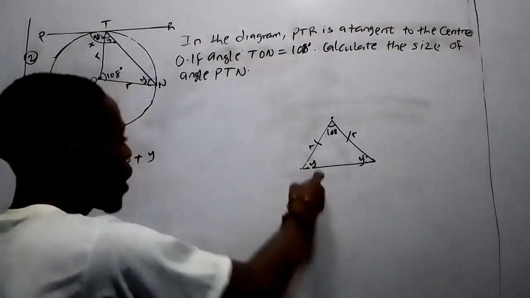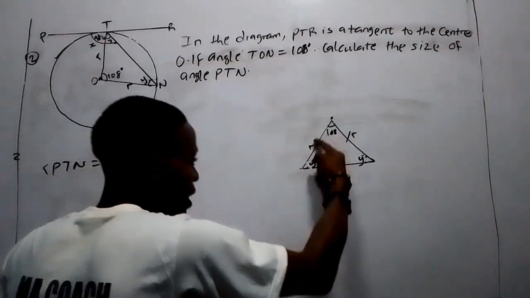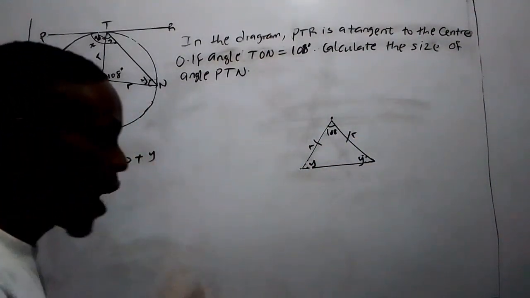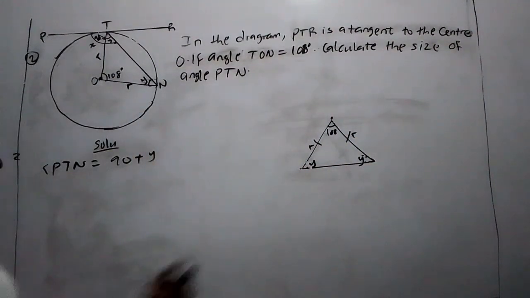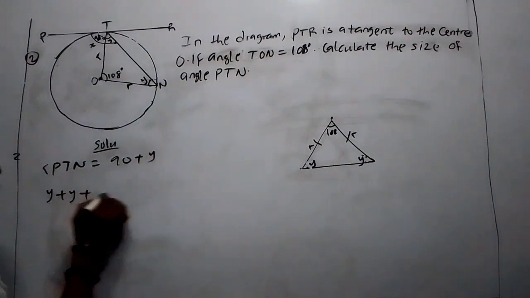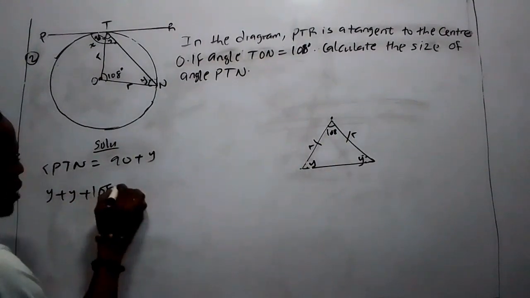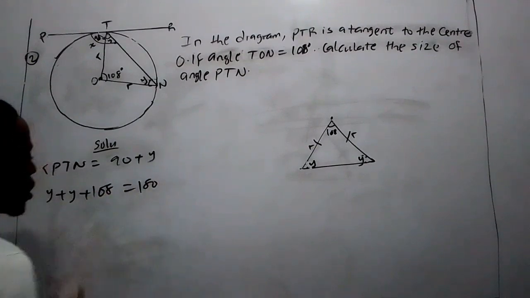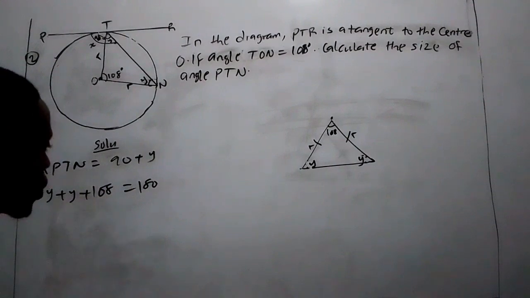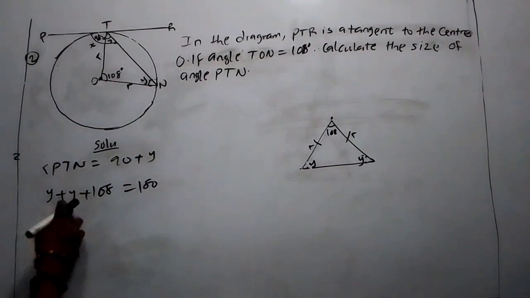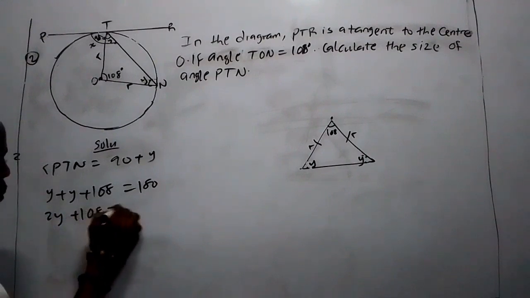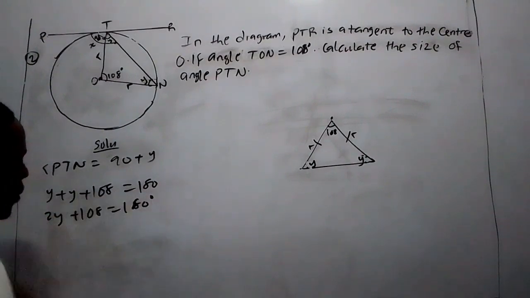So to get your angle y here, you should remember that the sum of angles in a triangle is equal to 180 degrees. So the sum of all the angles in this triangle: we have y plus y plus 108 equal to 180 degrees. So 2y plus 108 equals 180 degrees.